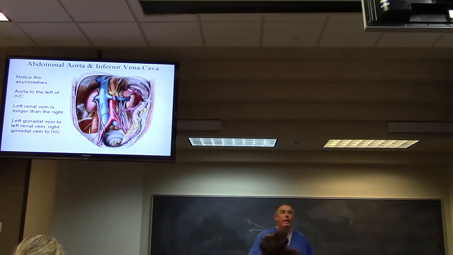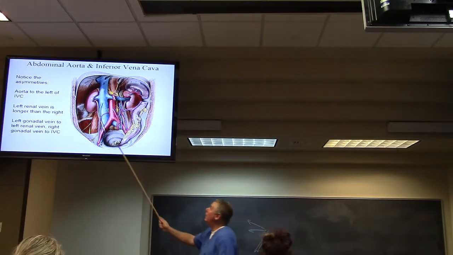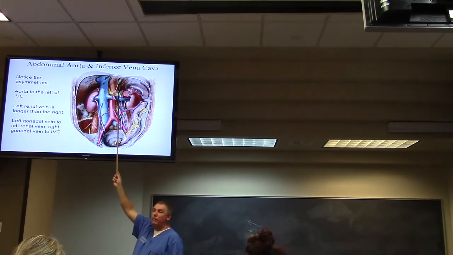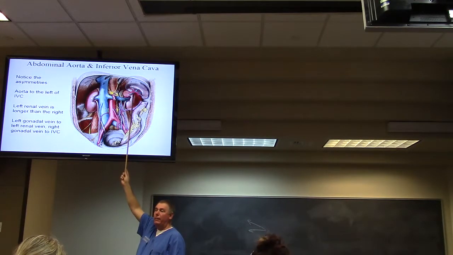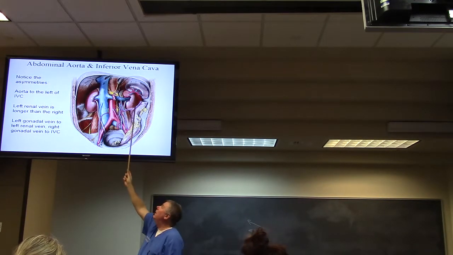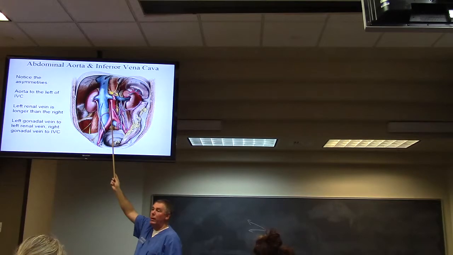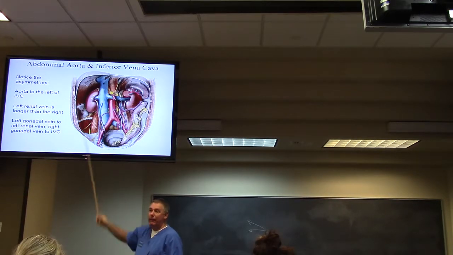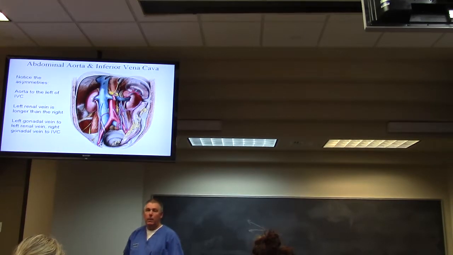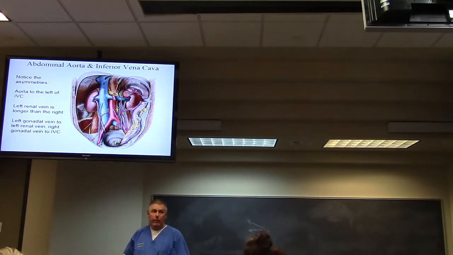Note that the left renal vein crosses in front of the aorta. Note that the right renal artery would cross behind the inferior vena cava. You may hear these referred to as big red and big blue when you're in the OR.